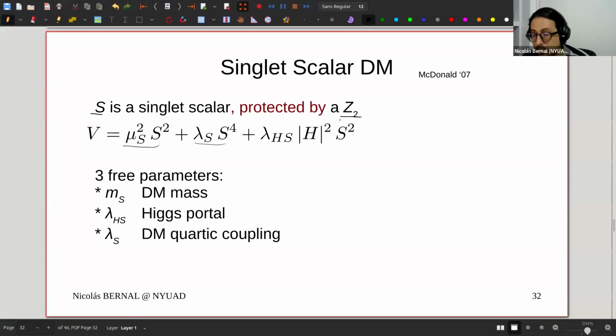And that's it, right? So we have three free parameters, the dark matter mass and the Higgs portal, and we focus on these two couplings: the mass and the portal to the standard model, which is through the Higgs. There's also a quartic coupling, but for our case of WIMPs and FIMPs, it will play no role. So even though the model contains three free parameters, we have two in reality for our phenomenological purposes.